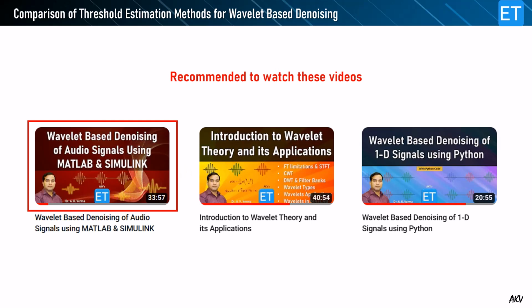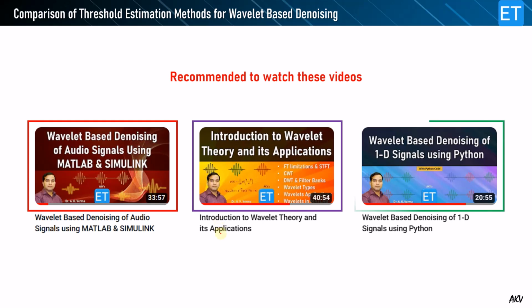So you can go through this video to understand the current video. The second one is about the theoretical aspects of the wavelet, its theory and its applications. And the third one is the same denoising implementation for audio signals but in Python. So those who are interested in Python can watch this video. Links are given in the description.